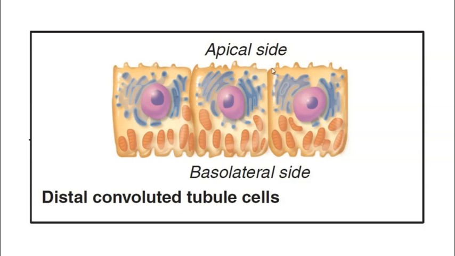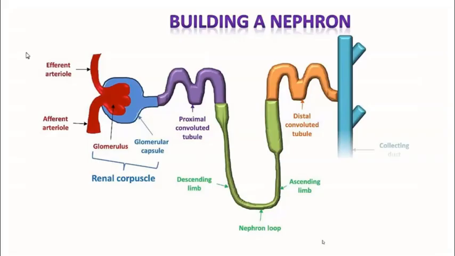We don't see as many microvilli on their apical surface, so these guys are mostly functioning in secretion rather than absorption. So the job of the distal convoluted tubule is primarily to add wastes to the filtrate rather than absorbing things. A lot of the absorption has already taken place in the proximal convoluted tubule.